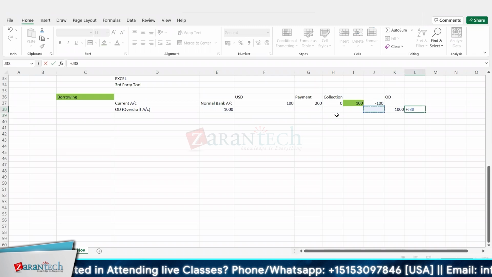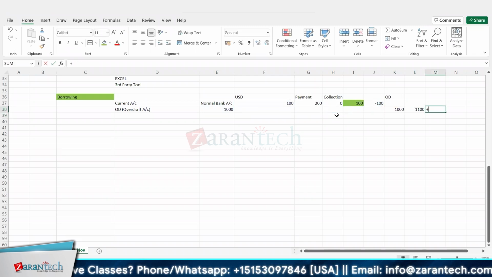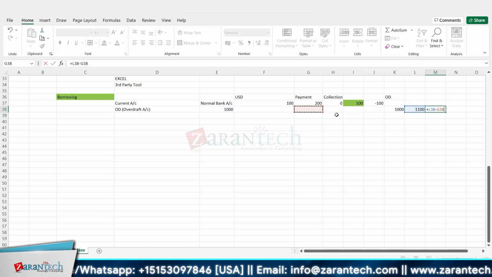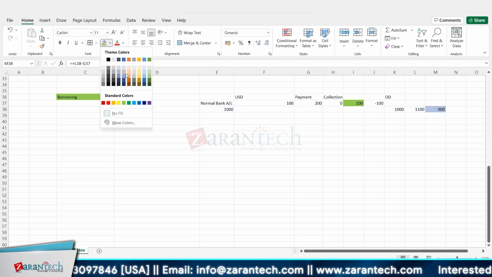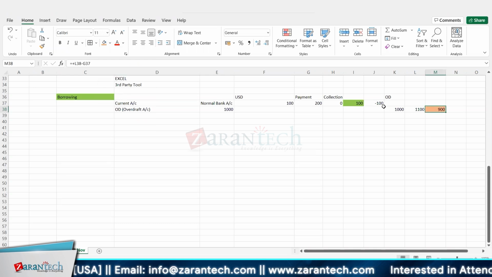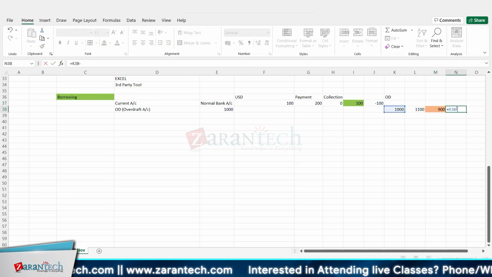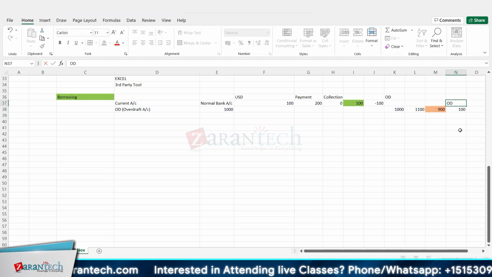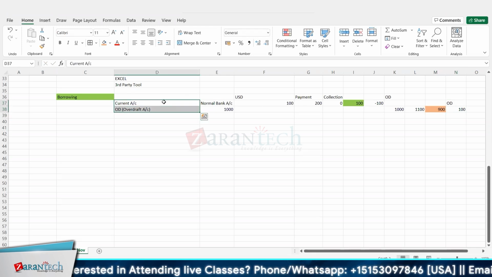So I can easily release this payment of 200, and still I have a balance of 900. Now in the OD facility, how much amount have I used? I have used 100. I have 1000, and now I have a balance of 900. It means my OD utilization is 100, so I have to pay interest on the 100. So this is the second banking product.